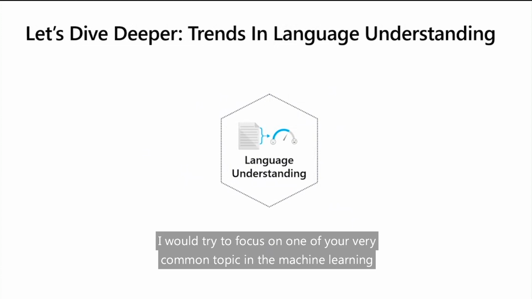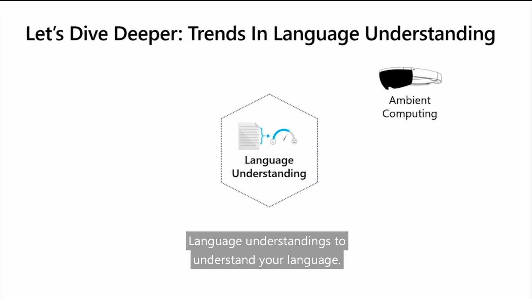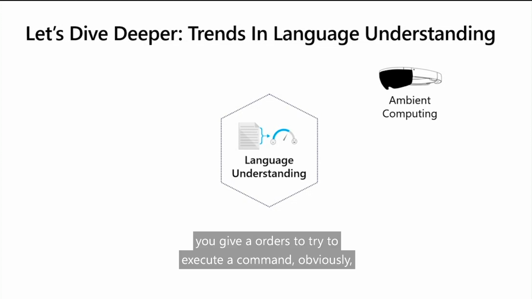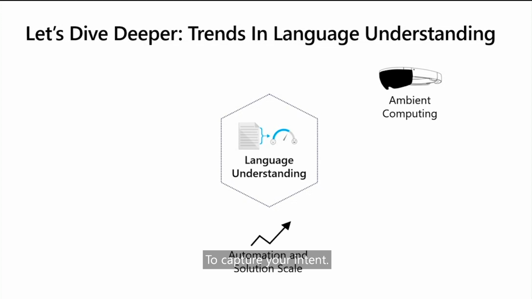Today I will focus on one of the very common topics in machine learning and deep learning, language understanding. Understanding your language is a very common and very hot topic. For ambient computing, you give orders to execute a command. Obviously, we need to understand your language and what you're saying to capture your intent.